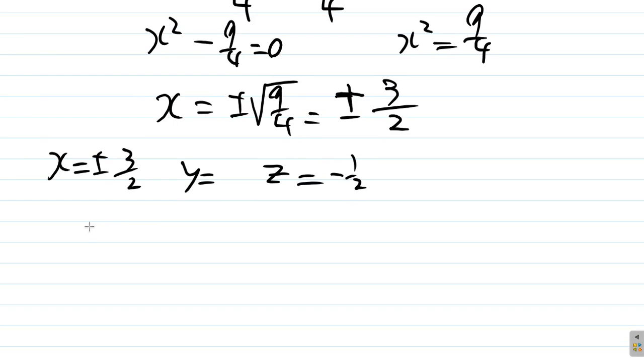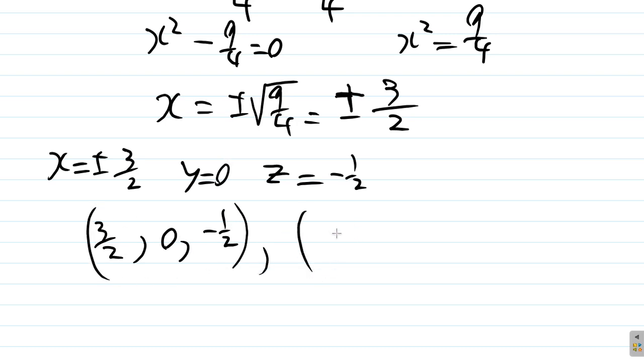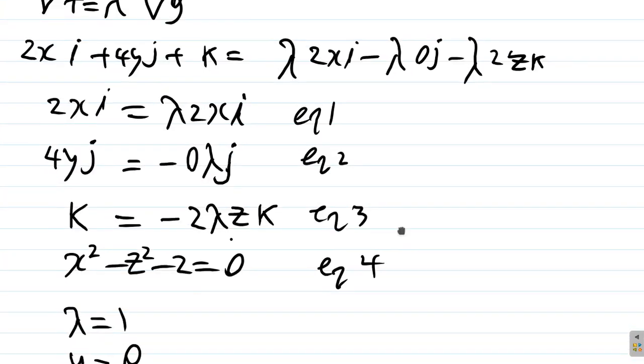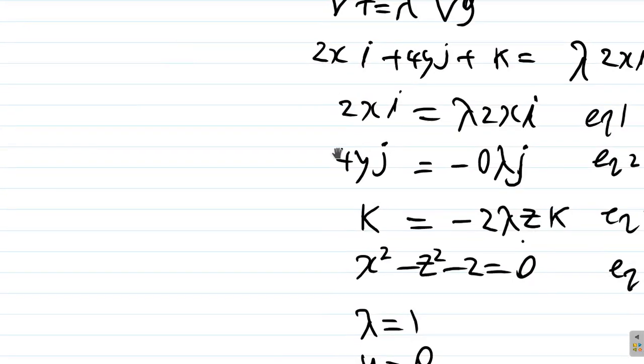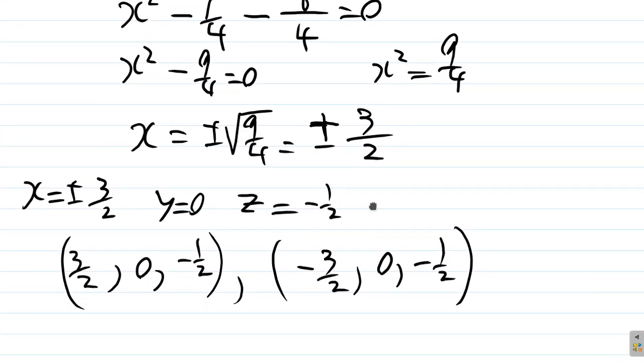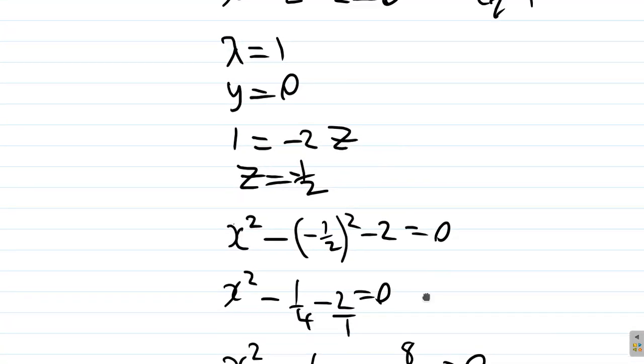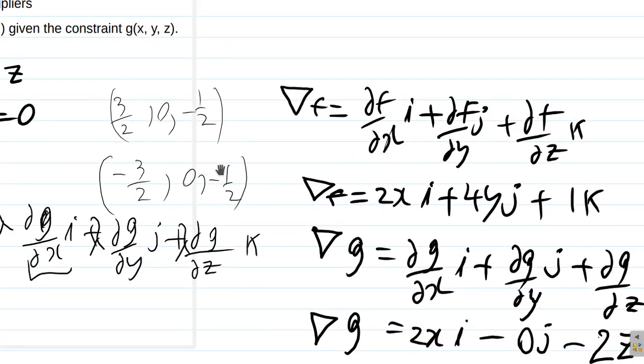So it seems as if we have 3 over 2, comma, 0, negative half as one point, and negative 3 over 2, comma, 0, negative half as the other point. Is it half or negative half? I said half a while ago. Yeah, 3 over 2, 0, negative half.